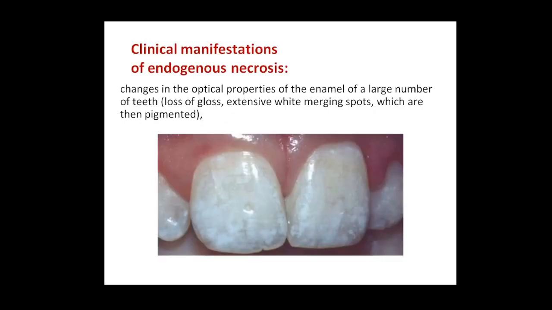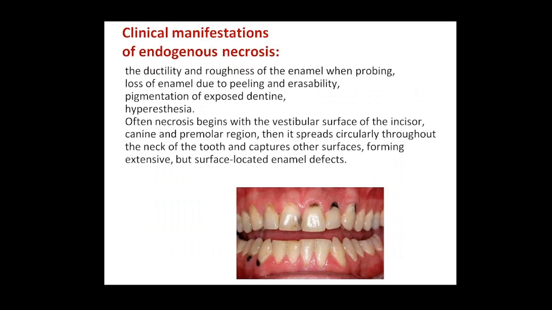Clinical manifestation of the endogenous necrosis. First, changes in the optical properties of enamel of a large number of teeth, loss of gloss, extensive white marginal spots, which are then pigmented. The dullness and roughness of enamel when probing, loss of enamel due to peeling and erasability, pigmentation of exposed dentin and hyperesthesia.